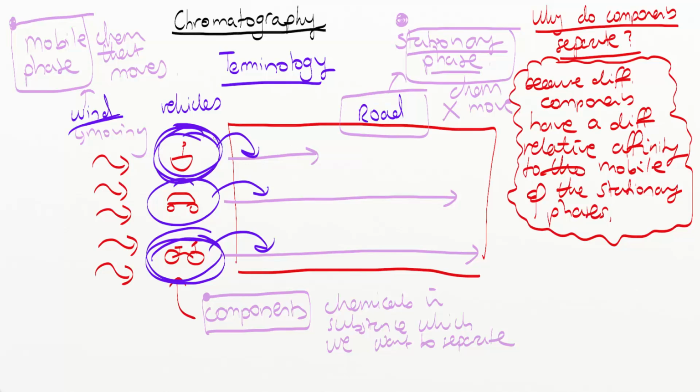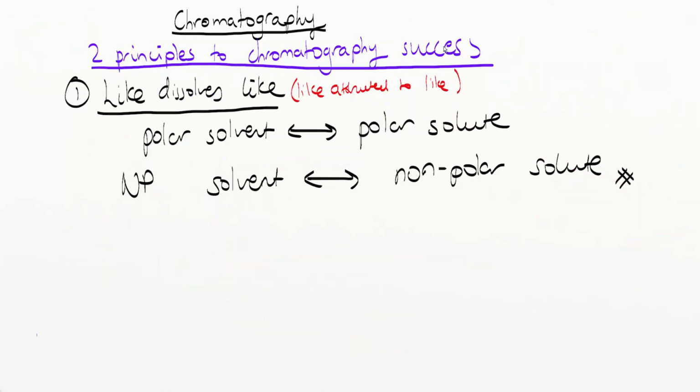If a boat had a bigger sail, it would capture more wind and be pushed further along. So based on the chemicals' affinity to the mobile phase, which is the wind, and the stationary phase, which is the road, because of the differences between these attractions and friction, they will separate.